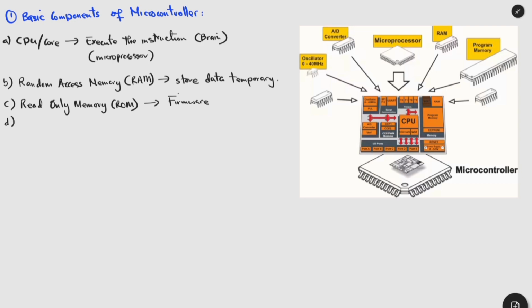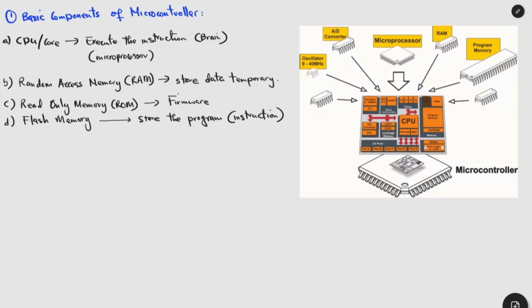And D, we have the flash memory. A flash memory is also a circuit, and this flash memory is used to store the program, or we can call it the instruction.